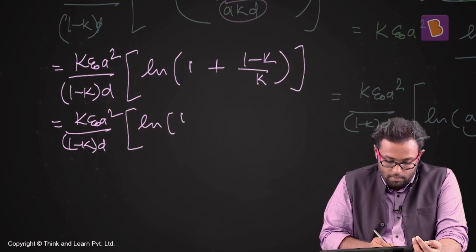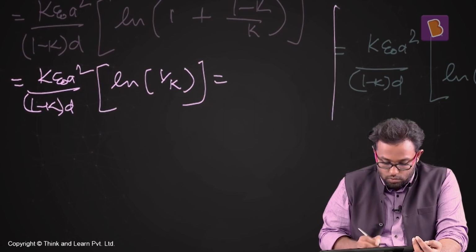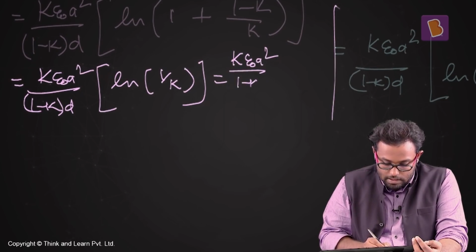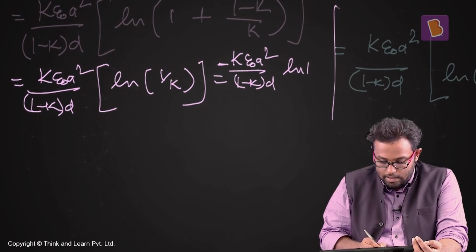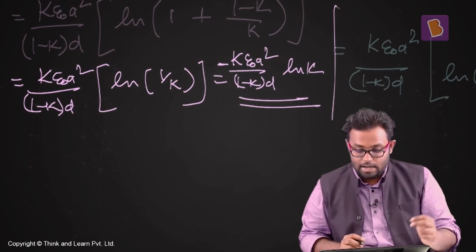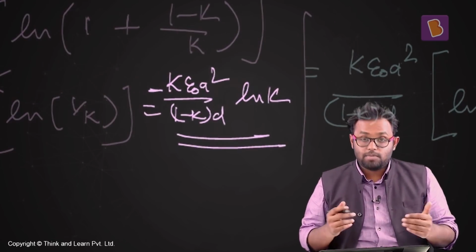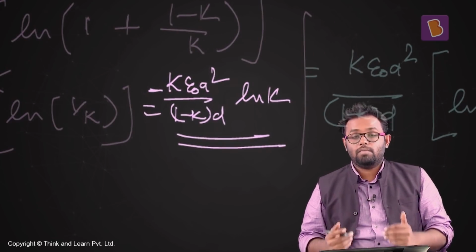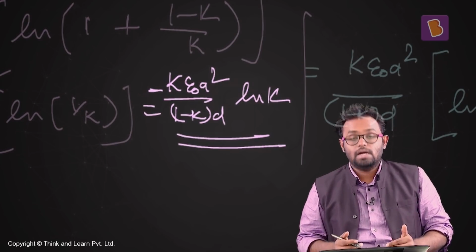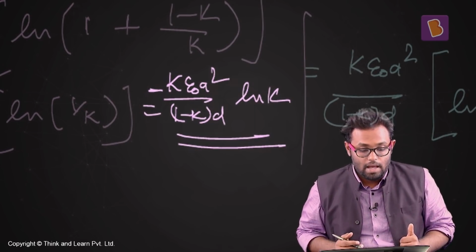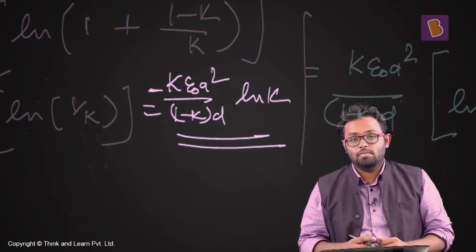So ln of 1 by k is what is left here. And that becomes equal to k epsilon naught a square upon 1 minus k times d, and I can take a negative out and this becomes ln k. And I can write that as k epsilon naught a square upon k minus 1 times d, times ln k. All right, and that is option number C.